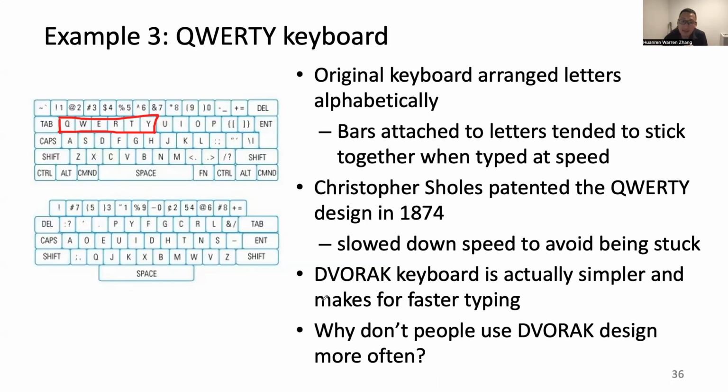It was designed in 1878 by Christopher Sholes, to slow down the speed and avoid the keys getting stuck. Right? So you can definitely tell from this history that the QWERTY keyboard is not the most efficient and effective keyboard.